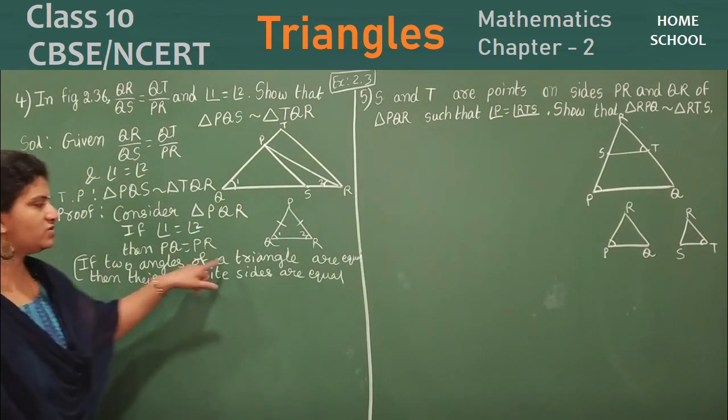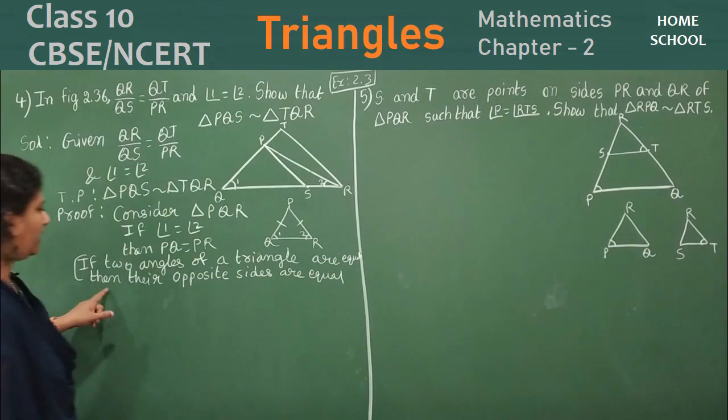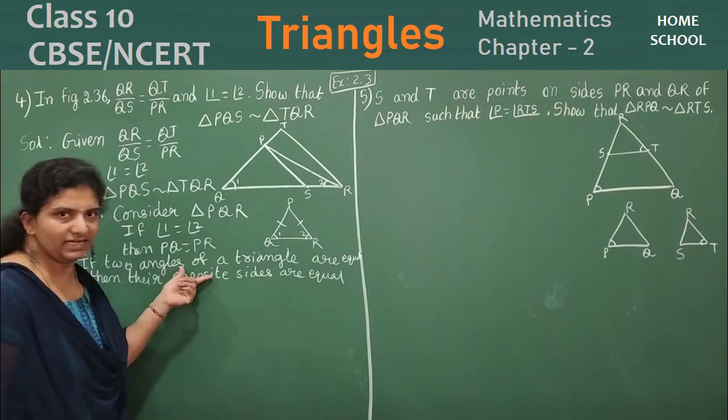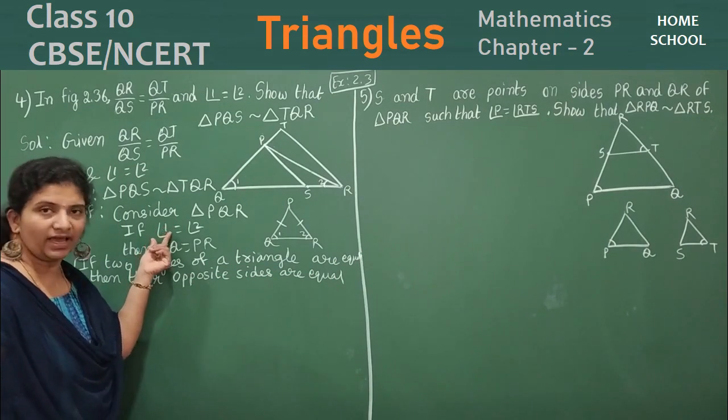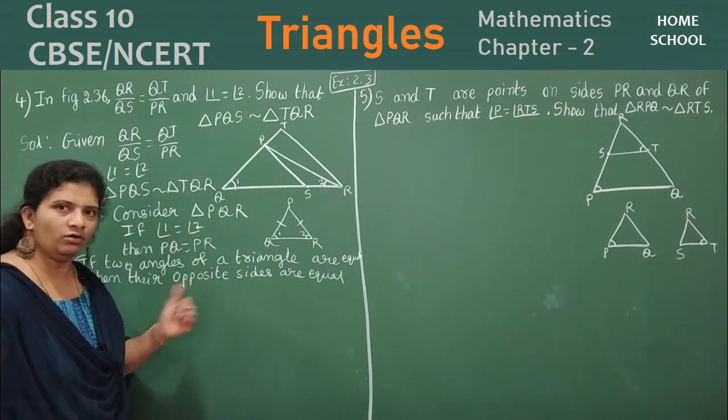If 2 angles of a triangle are equal, then their opposite sides are equal. By this statement, I have written if angle 1 is equal to angle 2, then PQ is equal to PR.